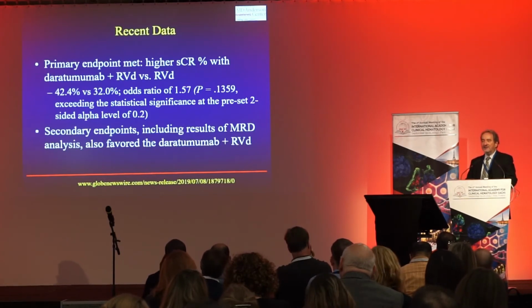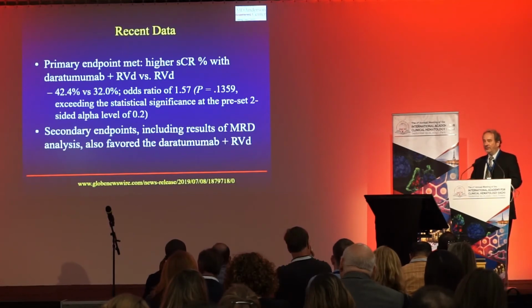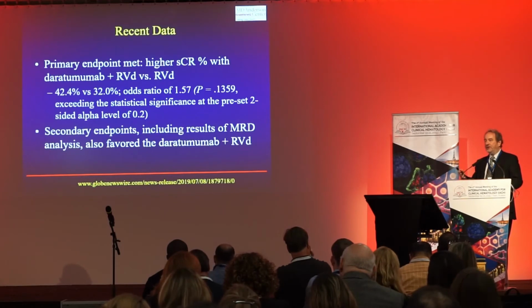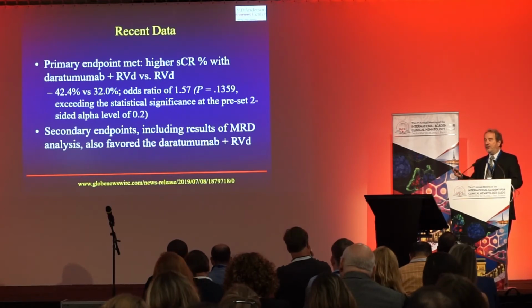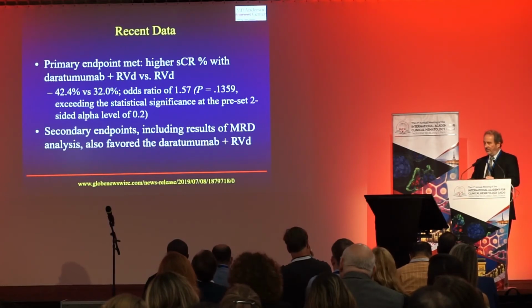And hopefully this study will be published in Blood relatively quickly, but I think it does show you that we're going to be doing combination chemo-immunotherapy as the front line for most patients with myeloma in the future.